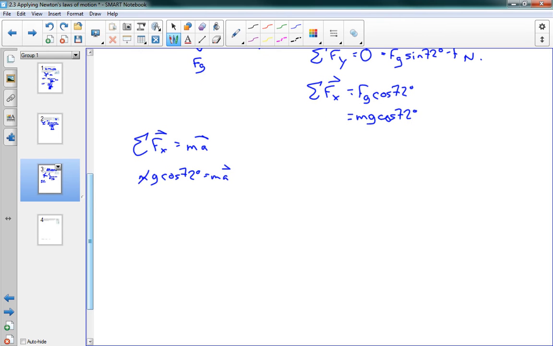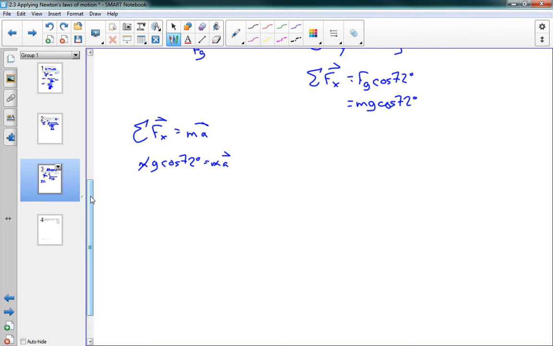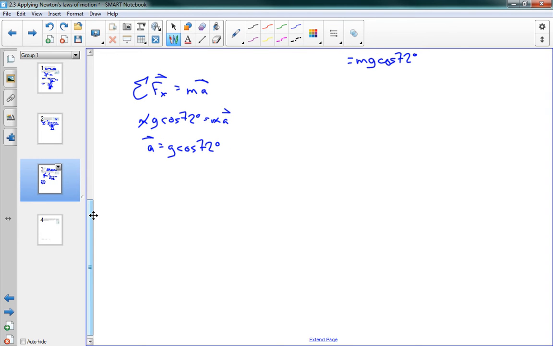And that's kind of cool. Mass, those cross out. So then I can say that a is equal to g cosine 72 degrees. Cool. And then I can solve that. I have a is equal to 9.8 cosine 72 degrees, which is equal to 3.0 meters per second squared.